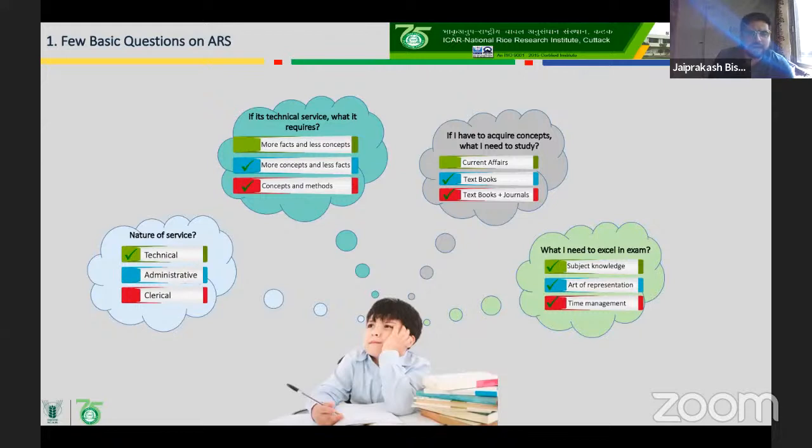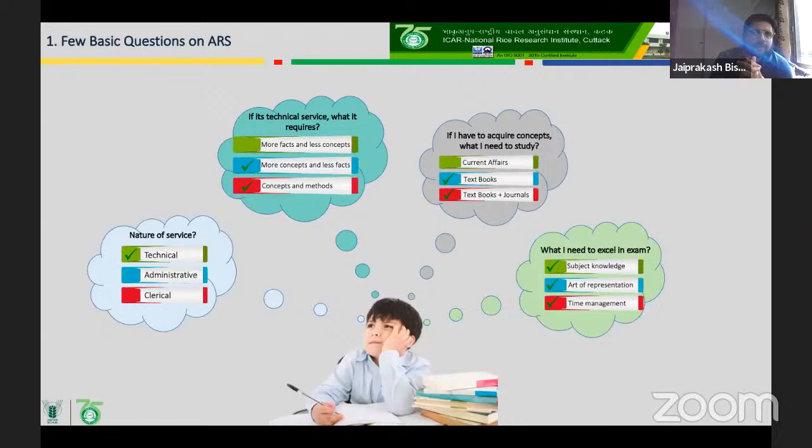If it is a technical service, what does it require? Does it require more facts and less concept, or more concept and less facts, or concepts and methods? The technical aspects of this examination require the candidate to have thorough knowledge of concepts and methods. But you need not remember the facts, because they may not be of much use in service, though sometimes they can be useful for the examination.